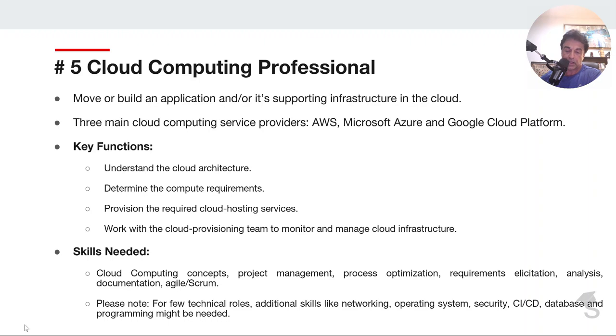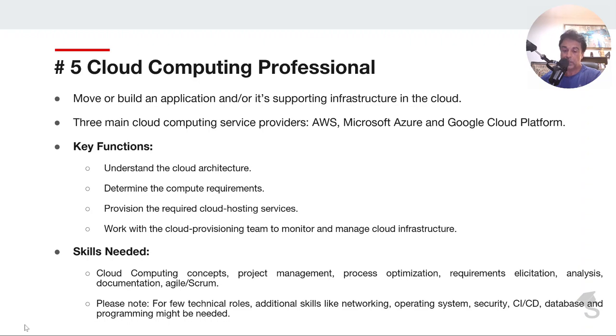Now, same with skills, it will vary depending on the role you select, but in general, you need to be aware of cloud computing concepts, project management, process optimization, requirements elicitation, analysis, and documentation. You should know what Agile and Scrum are, must be able to use the cloud console and cost calculator, and understand the computing resources which are commonly used.